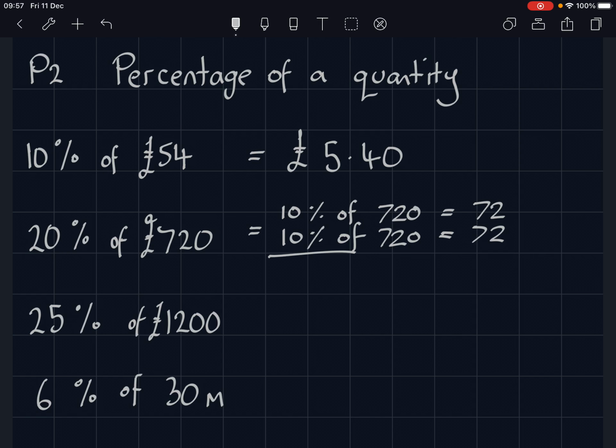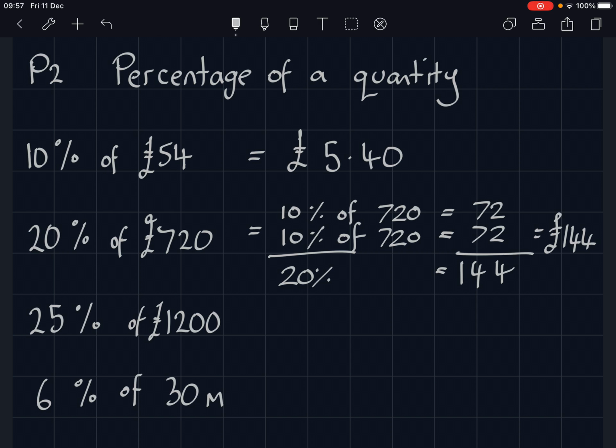So altogether that makes up 20%, and then we can add up our 10%. So 7 and 7 is 14, so 144. So the final answer would be £144.